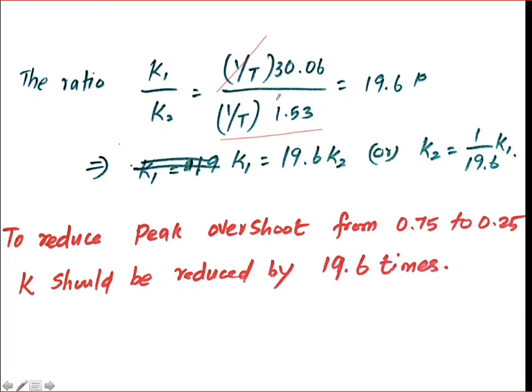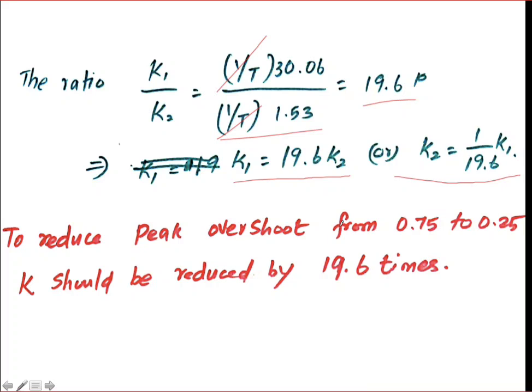So the 1 by T and 1 by T cancel, and when you divide 30.06 by 1.53, you will get 19.6. Now we can say that k1 is equal to 19.6 into k2, or we can write k2 is equal to 1 by 19.6 into k1. So we have determined the relationship between k1 and k2.